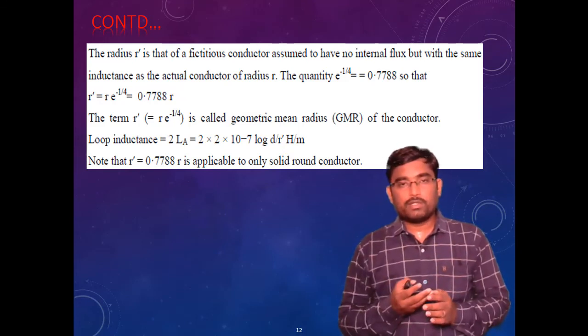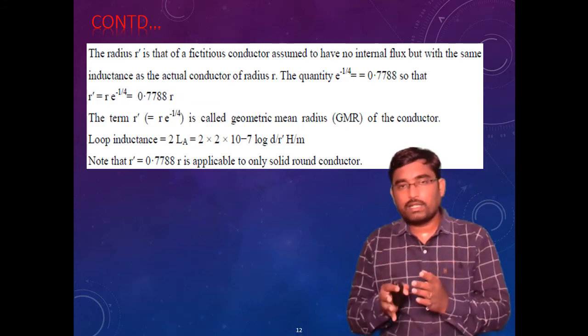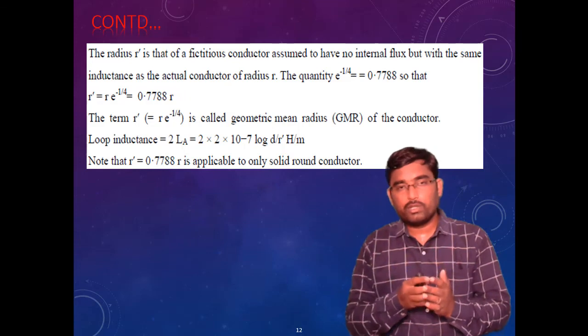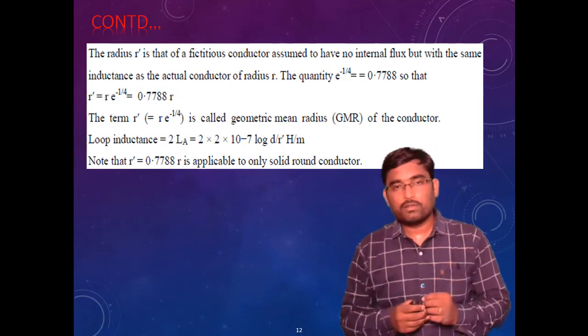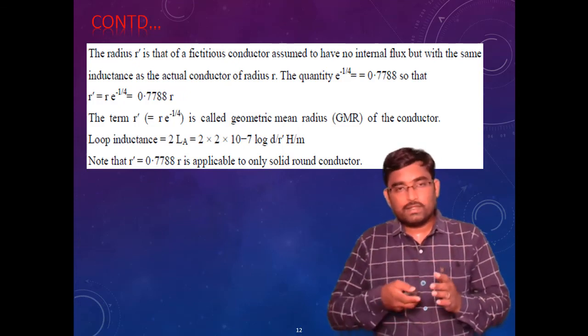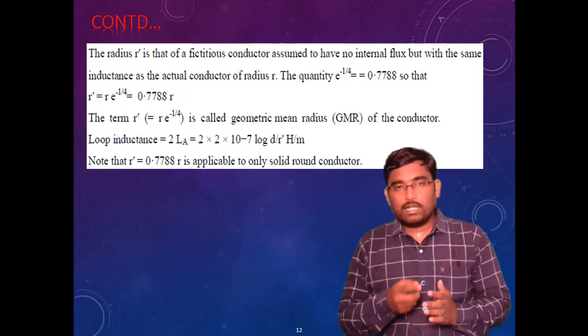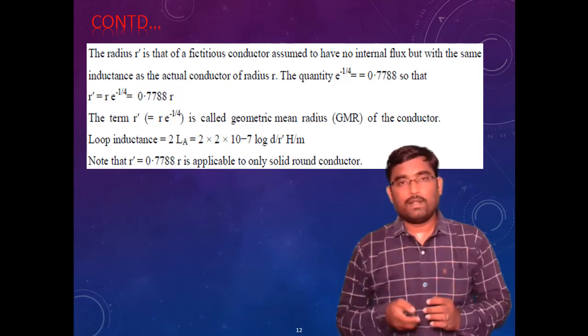If you write the expression for the inductance of a fictitious conductor having radius r dash, you get 2 into 10 power minus 7 into ln of d by r dash. Where is the first term 1 by 4? There is no term of 1 by 4. That means you do not have the internal flux linkage term. That means r dash is the fictitious radius of the conductor having no internal flux linkage.